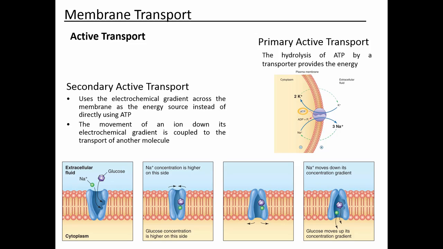So the reason it's called secondary is because its primary source is the electrochemical gradient, but secondarily its source is ATP. So indirectly, this requires ATP, which maintains this, and then this is needed for that. So ultimately, ATP is also required for this movement. So that's why it's called secondary.